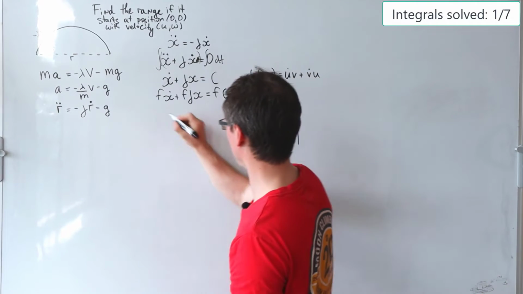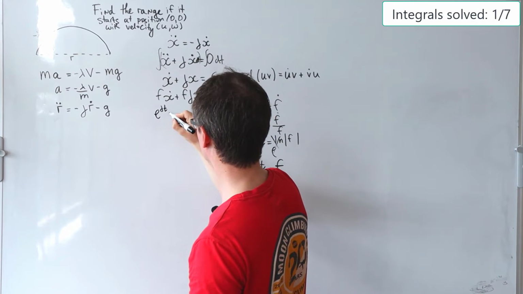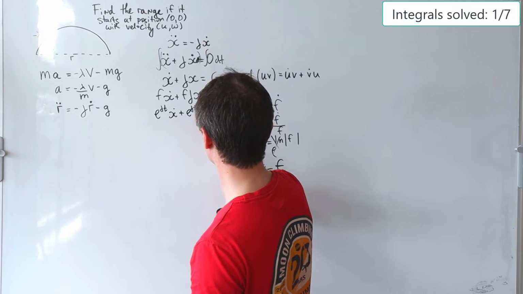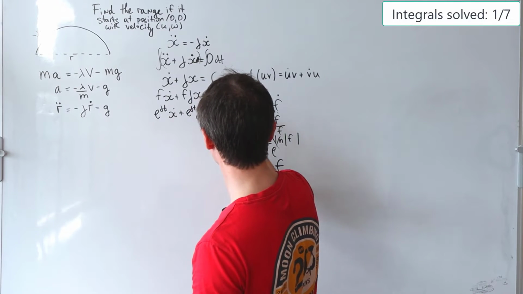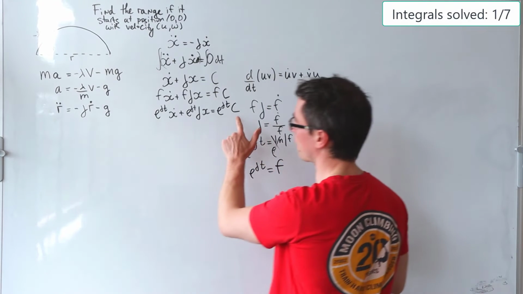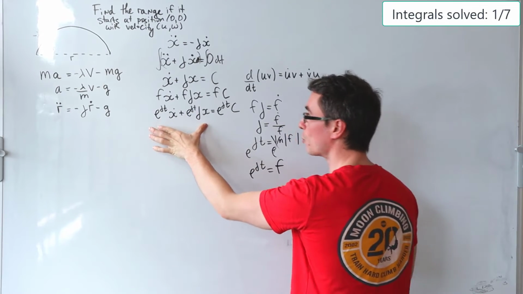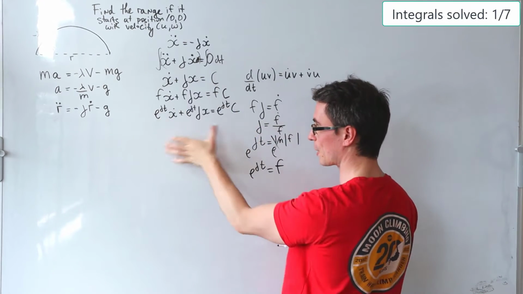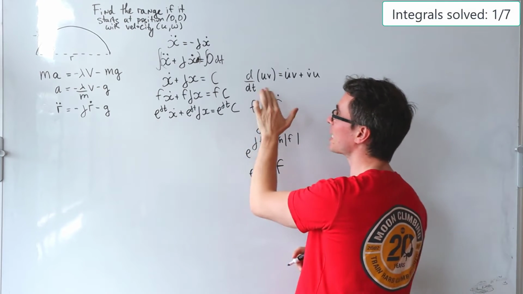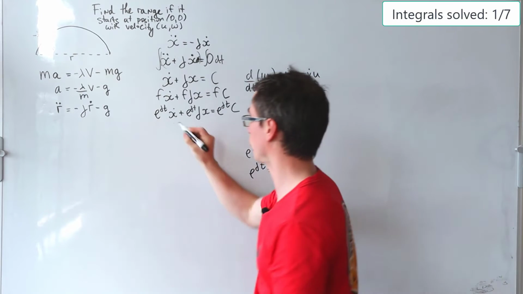So f is just e to the gamma t multiplied by x dot plus e to the gamma t times x, and this is equal to e to the gamma t multiplied by that constant c. Because of the product rule, we've defined the functions such that the whole left-hand side of the equation is just equal to the time derivative of the product of those functions.